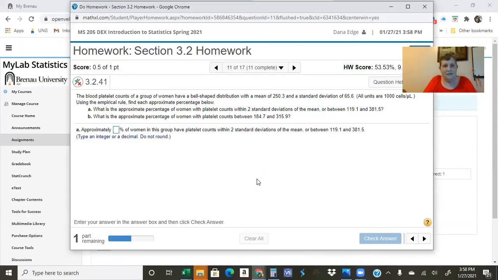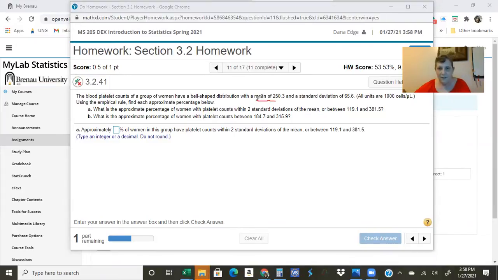Let's take a look at how to use the empirical rule in some of these problems. Here's an example of a problem. It says the blood platelet counts of a group of women have a bell-shaped distribution, so we know it's a normal distribution. We've got a mean of 250.3, so X bar is 250.3, and a standard deviation of 65.6, so S is 65.6.